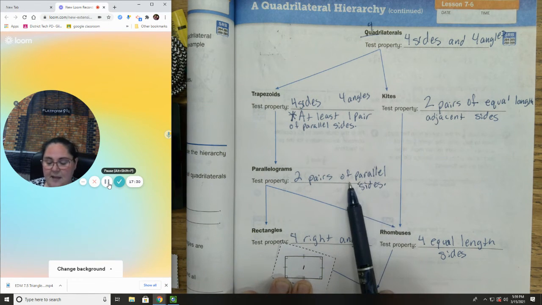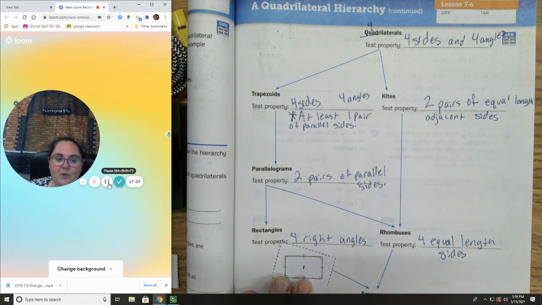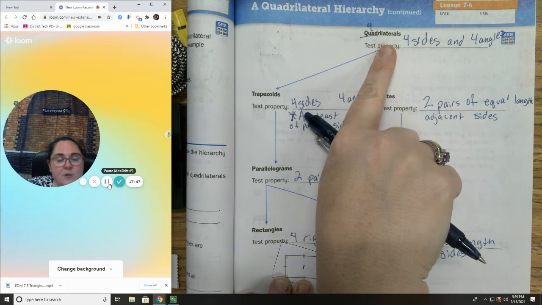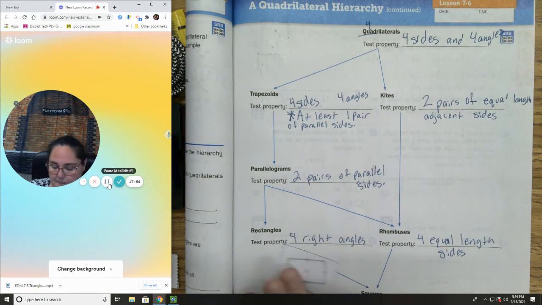It also is a parallelogram and a trapezoid and a quadrilateral. This shape has four different names because you can classify it four different ways. I can separate it by four sides. I can separate it by parallel sides. Does that make sense?